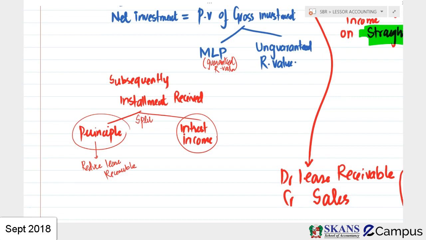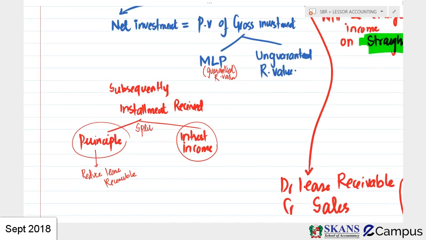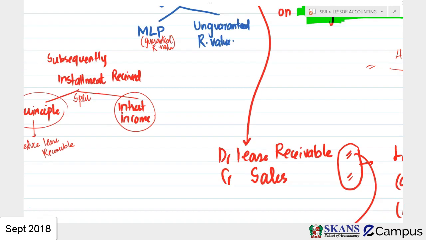So this is the same treatment that we have already done for lessees as well, where the installments paid are divided between principal and interest expense. Obviously, it's lessor's accounting, so it will be divided between principal and interest income, and the principal will reduce the lease receivable.